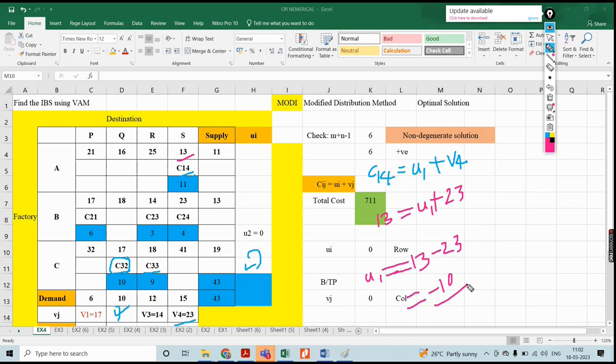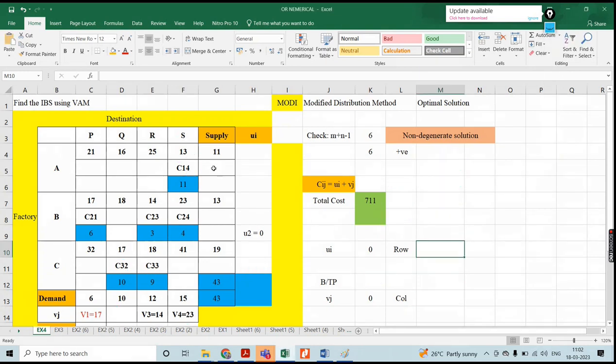Got my point? How I got the value of U1? Because among these three values, if you know two known values, then it is very easy to make the evaluation of the third unknown value. That is the method. Okay, now I got the value of U1.